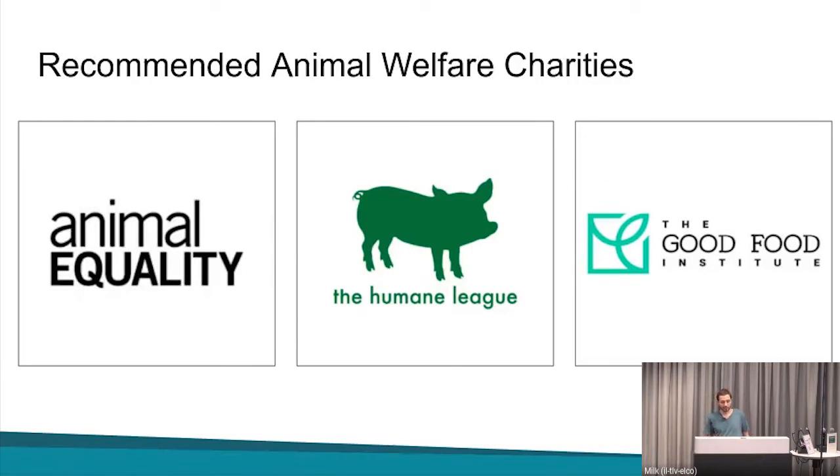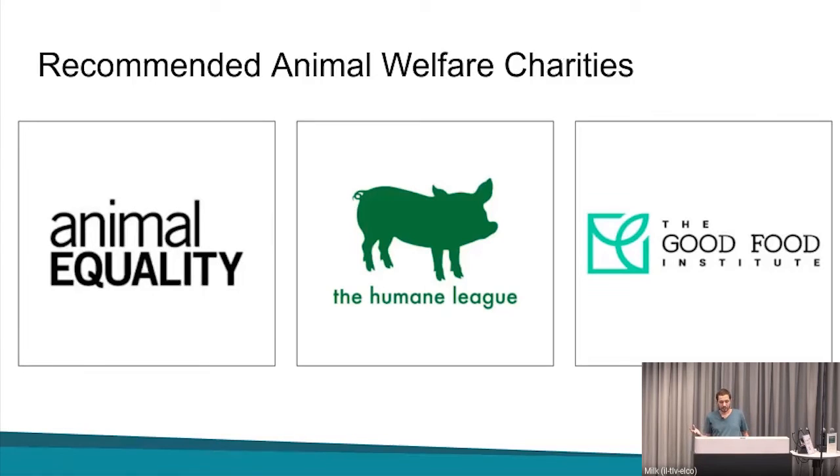The Good Food Institute supports the development of alternatives to animal-based food. For example, the clean meat burgers that I assume many of you know, and I hope many of you have eaten here at the Google office, are one such example of an alternative to animal-based meat.